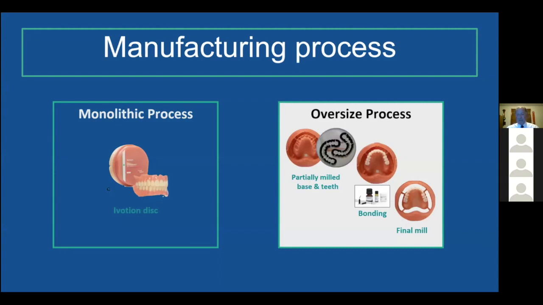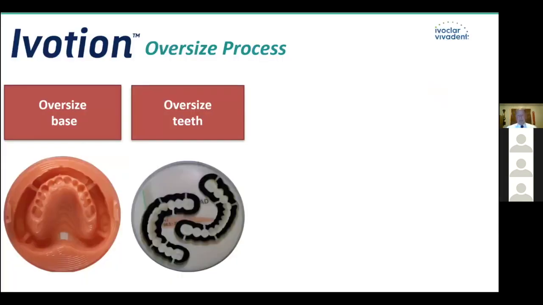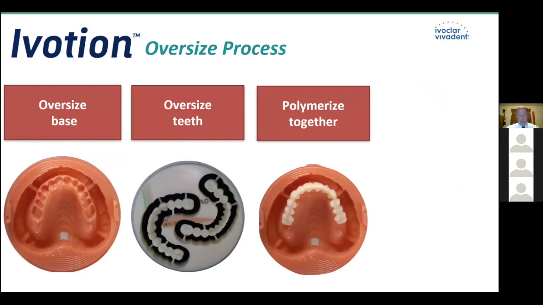In that case, we have another manufacturing process. We refer to this as the Oversize process. It's a great process as well, but it does do the teeth and the tissue separately. It's a very patented process, and again in the PM7, it mills the teeth and the base not completely, but enough that you could polymerize them together.